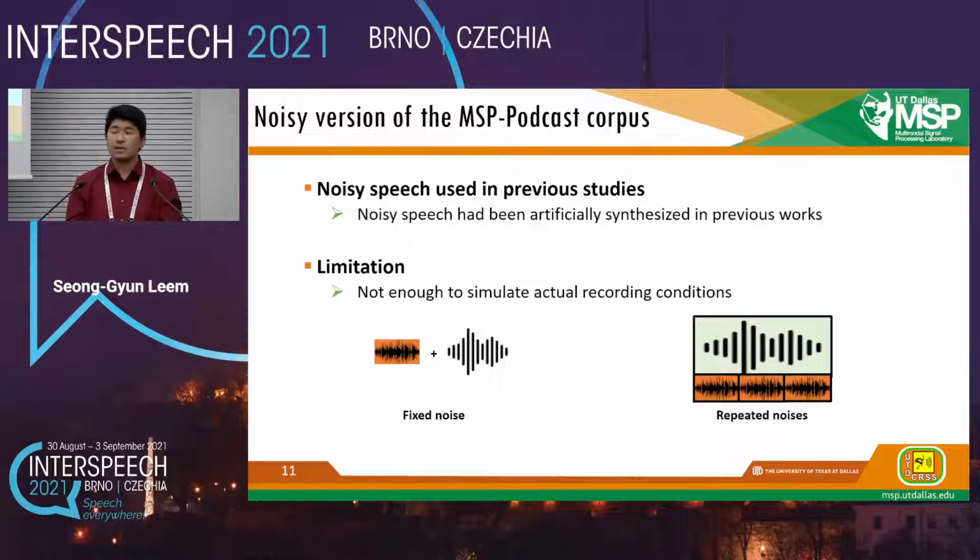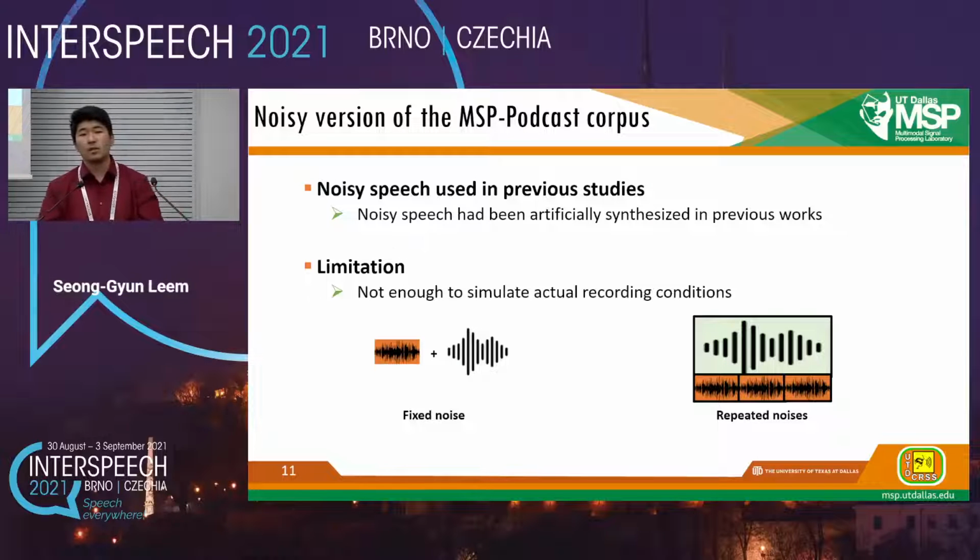For the noisy speech dataset, we consider that it should resemble real-life recordings. In previous studies, they mostly used a method where they manually add a noise signal to the clean speech signal. However, the resulting signals are highly likely to contain a single type of noise, and their amplitude cannot be varied over time.